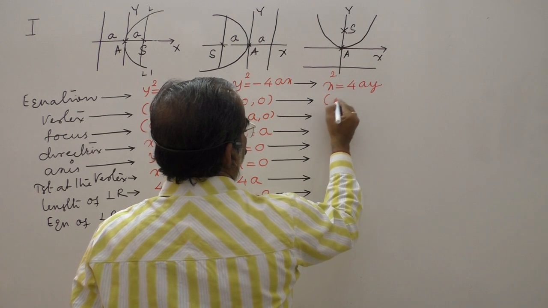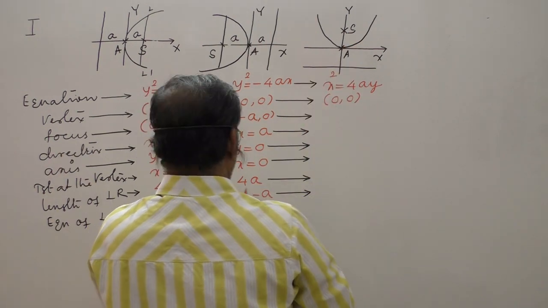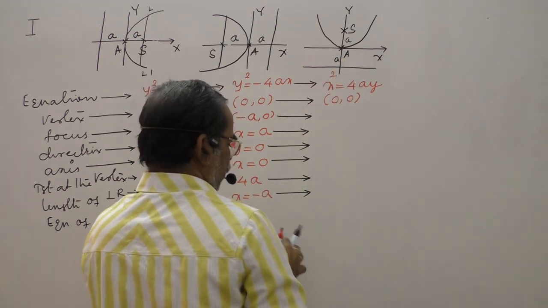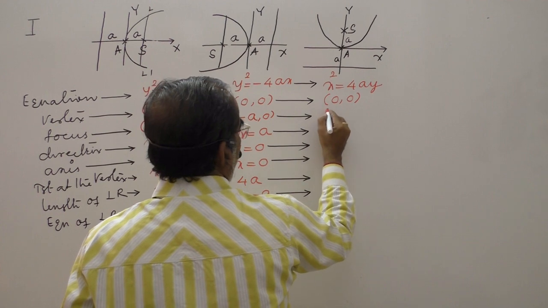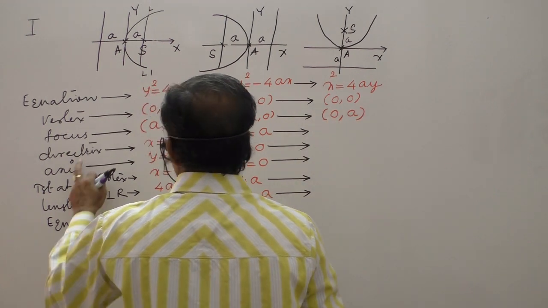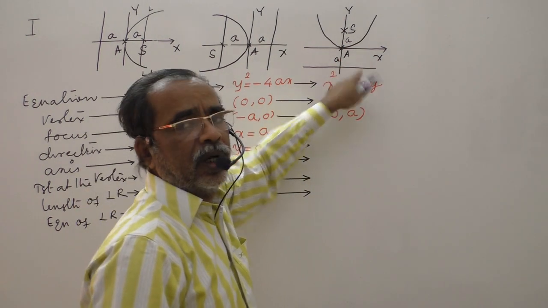What is its vertex? Again 0, 0. What is the focus? The focus is now on the y-axis at a distance of a from the origin, on the positive side. Therefore, this point will be 0, a. Next, directrix. The directrix is parallel to the x-axis.